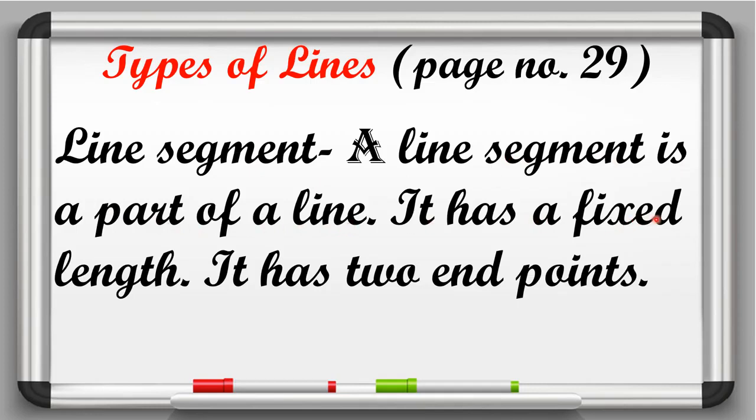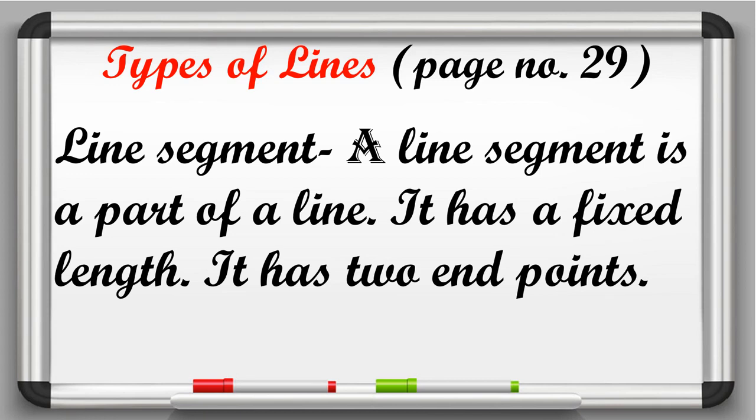It has a fixed length and it has two endpoints. If we want to draw a line segment, we can say you have to draw a 3 centimeter line. It means you are making a line segment of 3 centimeter because it has a fixed length.